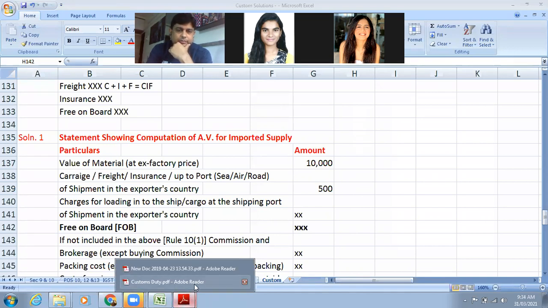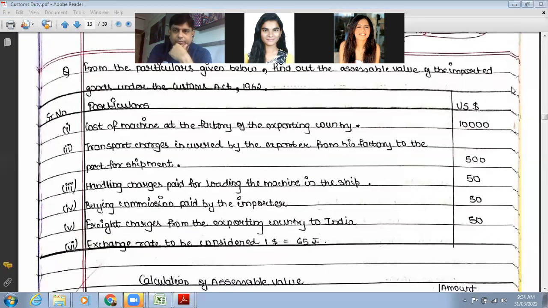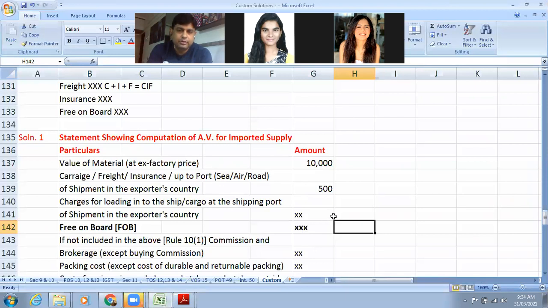Next, what is given? Handling charges for loading the machine into the ship, $50. So that is also there. See, it was very simple. You have not tried. So it will be $10,550. That is the FOB price.